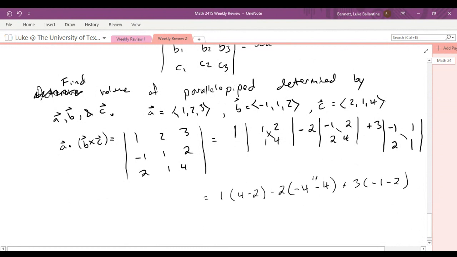So this is negative 8 right here, but we have negative 8 times negative 2, so this would be a plus 16 in the middle. 1 times 4 minus 2 is just going to be 2. And this is 3 times negative 3, which is negative 9. This is 18 minus 9. The volume is 9.